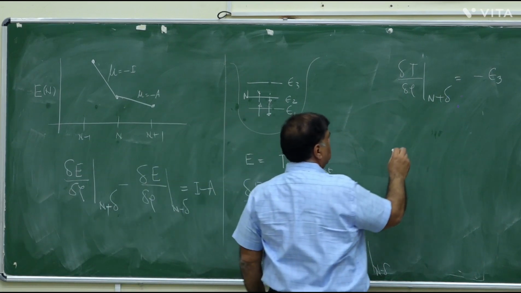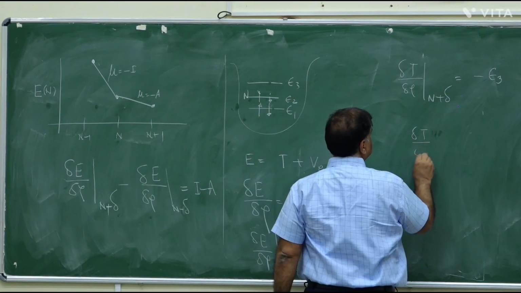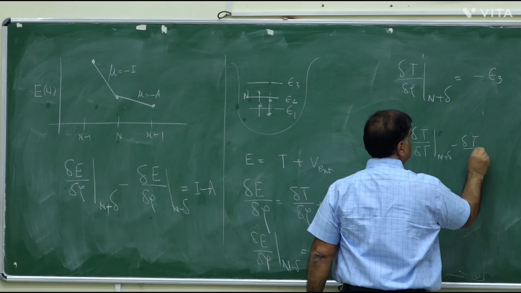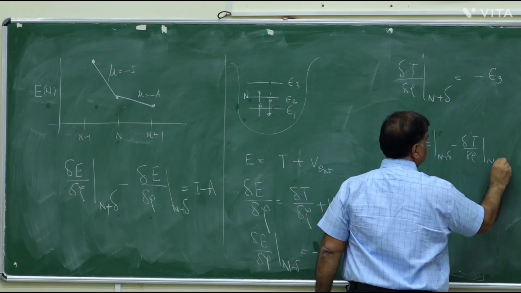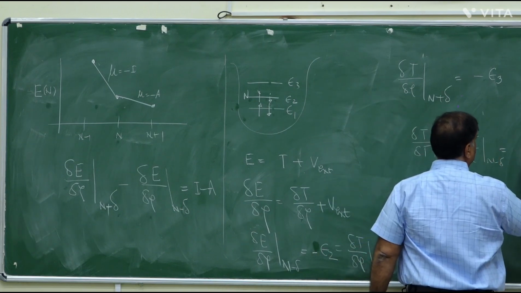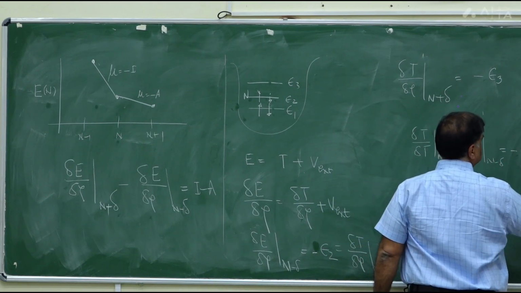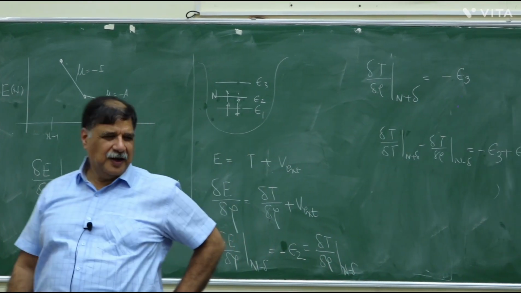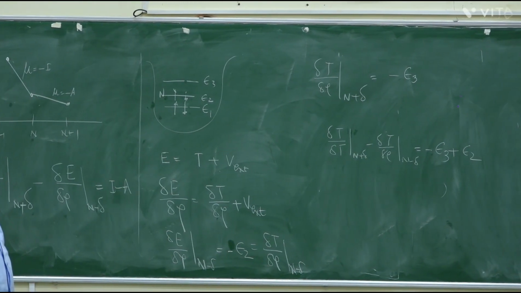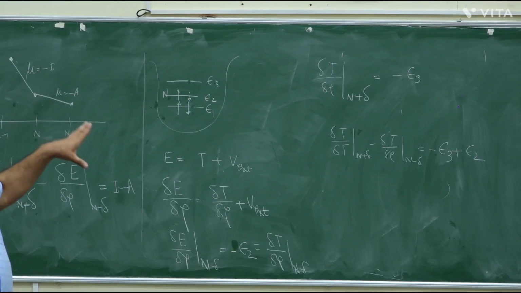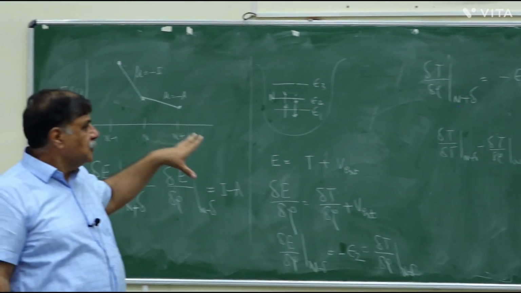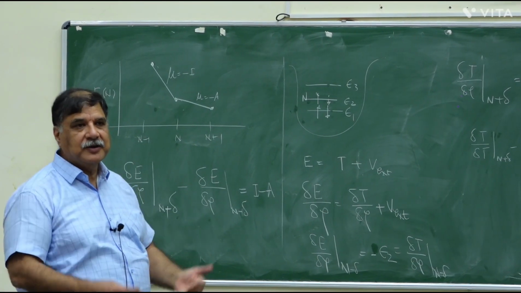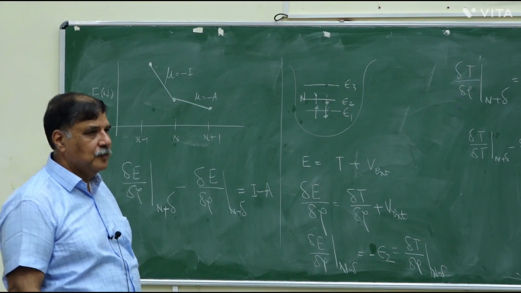So you can see right away that this functional derivative, n plus delta minus delta, of T with respect to rho, and minus delta is epsilon 3 plus epsilon 2. Right? I may have missed the signs. But nonetheless, what you see in the density functional description, the functional derivative has a discontinuity even in the non-interacting sense. It's not a function of it being an interacting system.